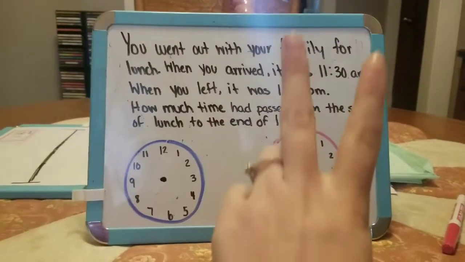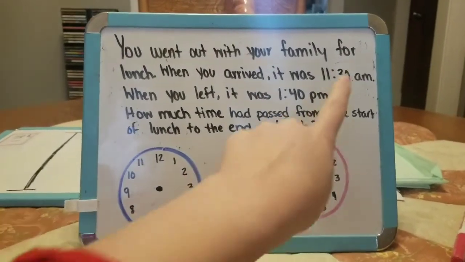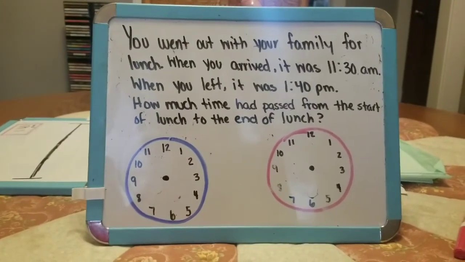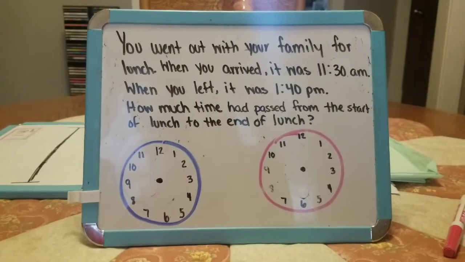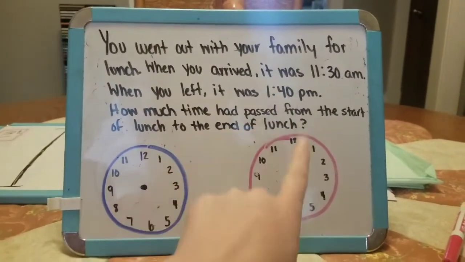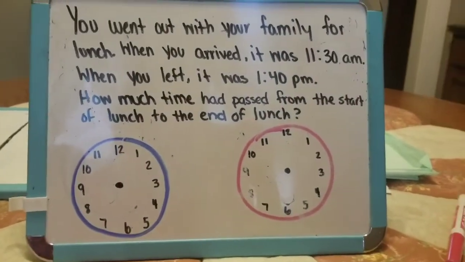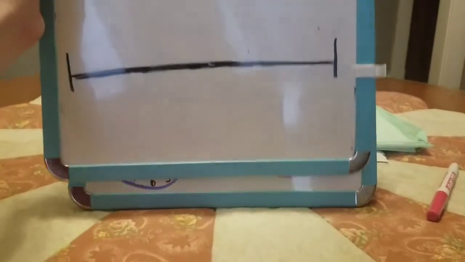So I want you to do two things. First, I want you to display your start time on a clock like this for me. You can draw it if you want, or if you have an analog clock handy, you can do it that way too. And then I want you to display your end time on an analog clock like this. I want to see if you guys can truly use analog clocks on Zoom on our next Zoom meeting.